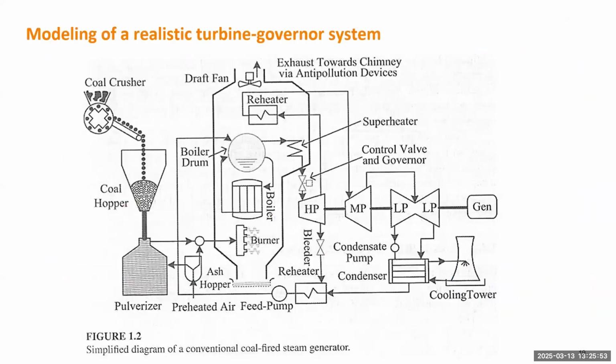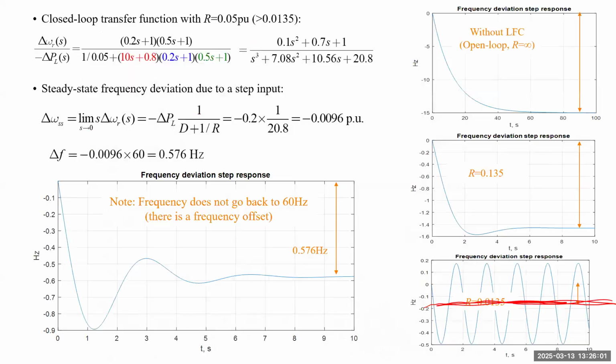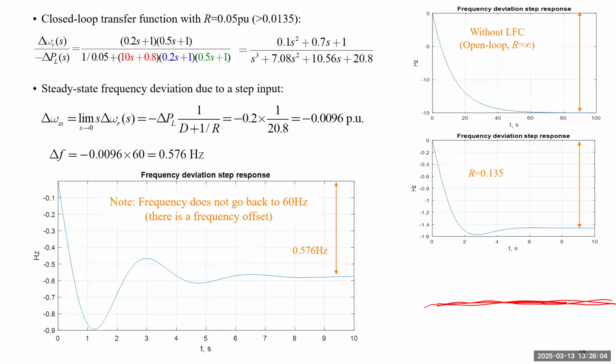Okay, so next we want to talk about the realistic turbine governor system and also its model, because you may not use the model we talked about so far in your stability study. Very likely you will use a more complex model, right?